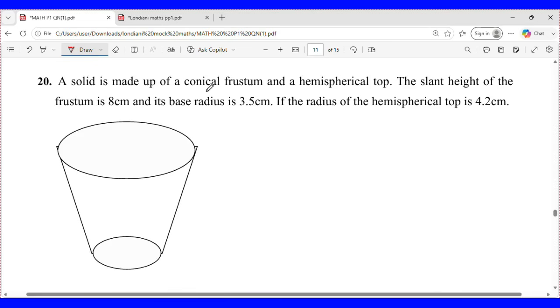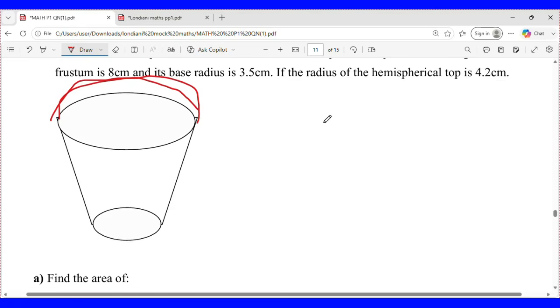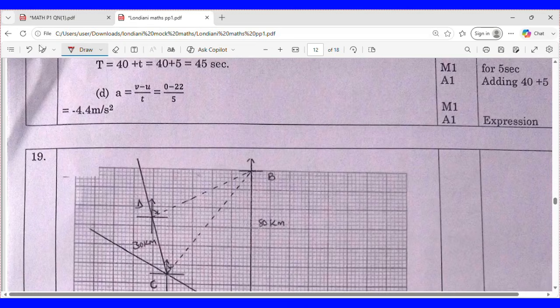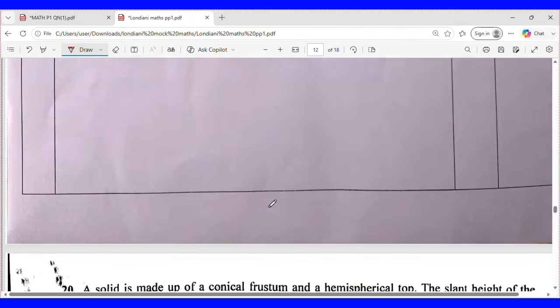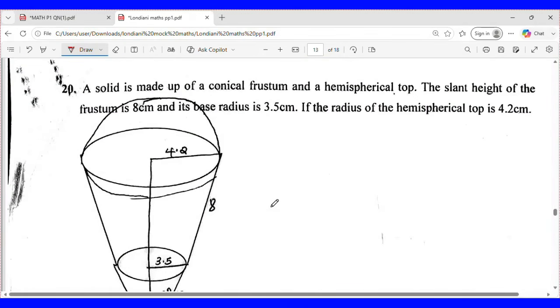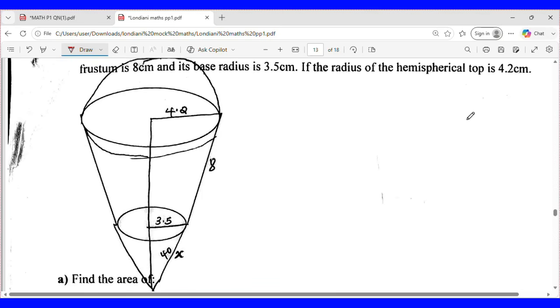A solid is made up of a conical frustum and a hemisphere on top. Something was missing here, it is like this. We have been given the height is 8, the base 3.5, and the radius of the hemisphere is 4.2.